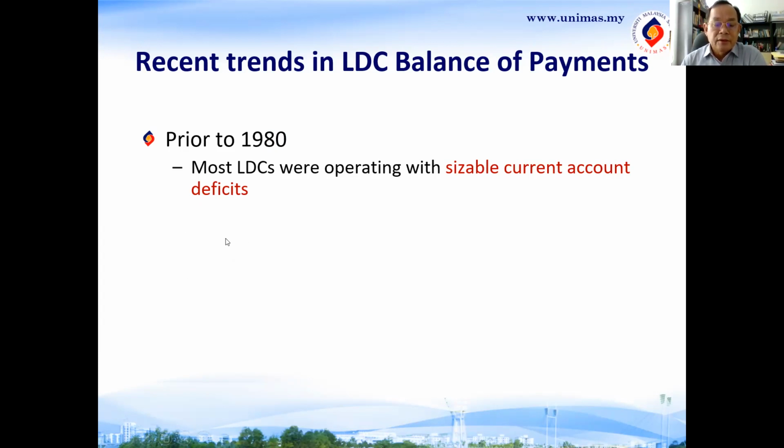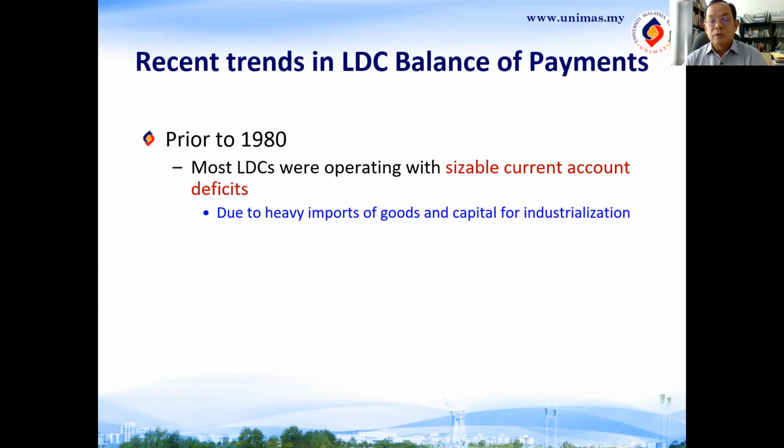Deficits in terms of the current account before the 1980s. This is due to the heavy imports of goods, banyak membeli barang ataupun mengimport barang daripada luar negara, and not only goods but also capital, modal untuk industrialisasi.